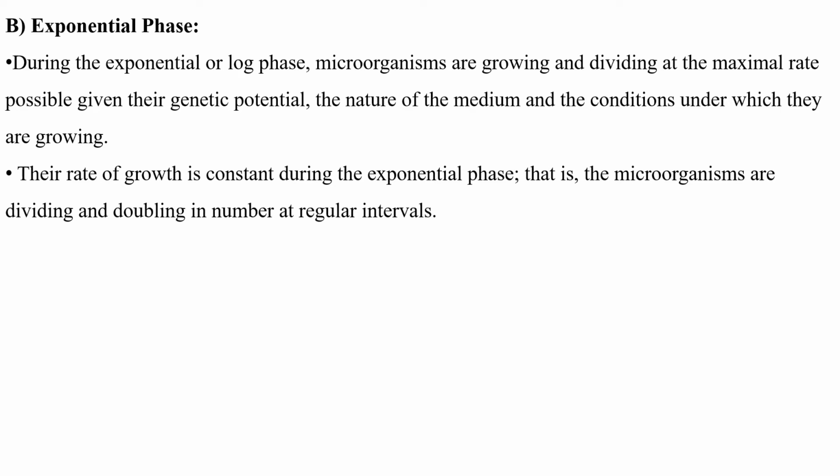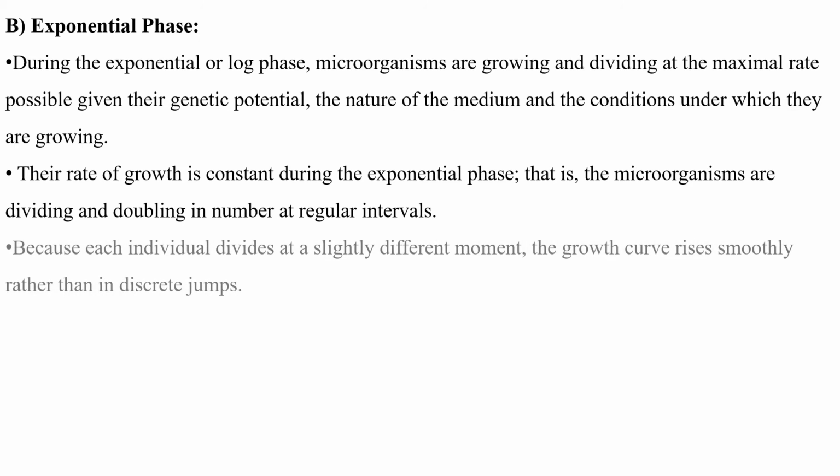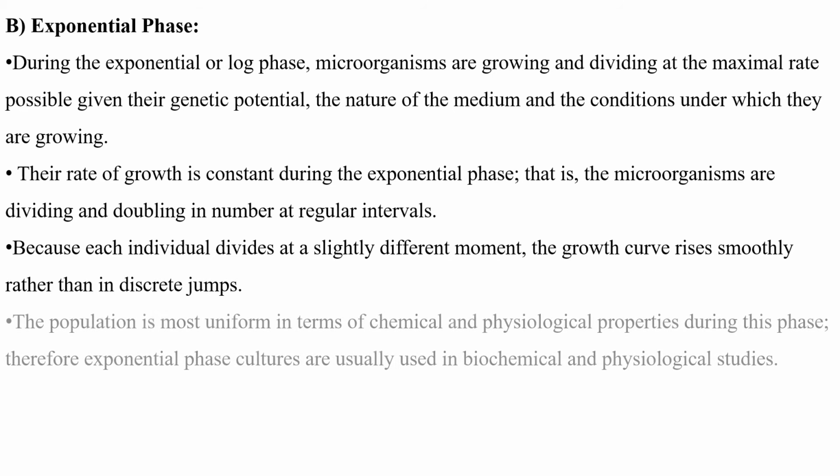That is, organisms are dividing and doubling in numbers. If you look at the growth curve of an individual organism, it will differ slightly. But in the exponential phase, the growth curve rises smoothly.